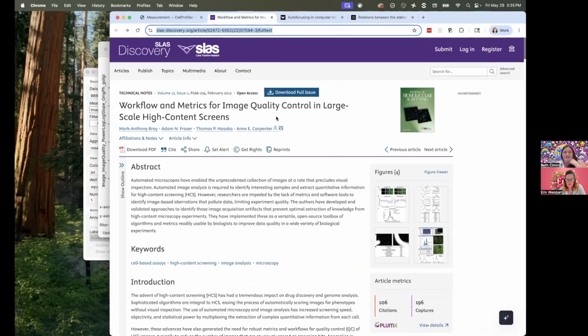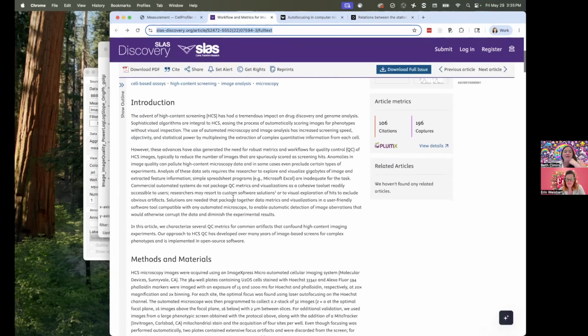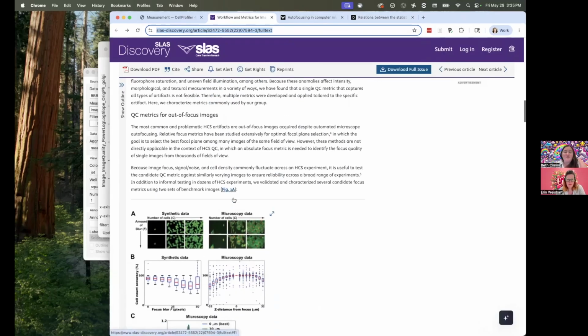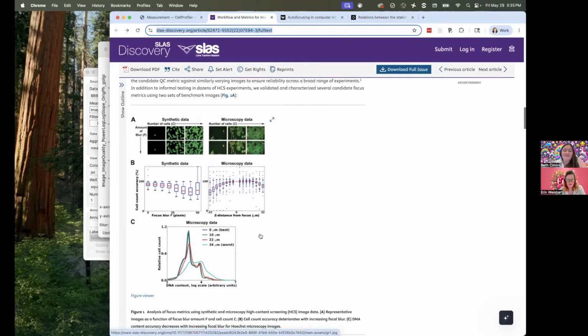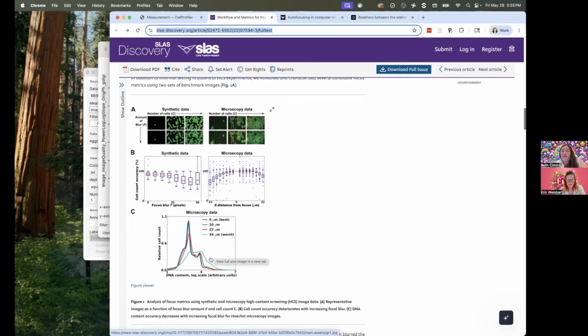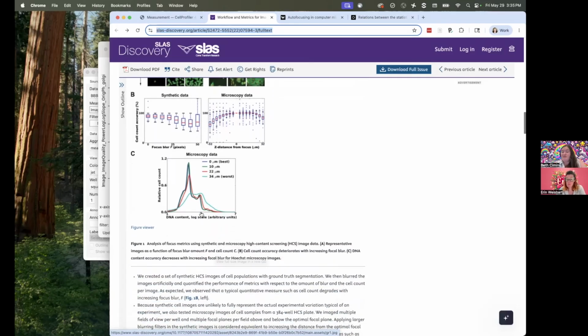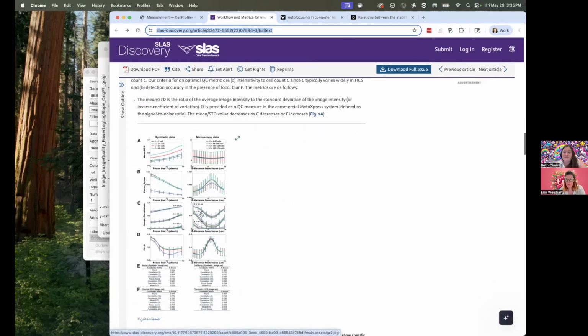I want to call out this paper in particular, which is from the imaging platform from a bit ago now, from 2012, that goes through some quality control workflows. They did a really lovely job with synthetic blurring, as well as taking some images and physically figuring out the right focal plane and then going 32 microns below and 32 microns above to do a bunch of measurements to ask how far out of focus can we be before we start losing our ability to detect our quantitative measurement, measuring a bunch of these CellProfiler quality metrics in these different conditions.